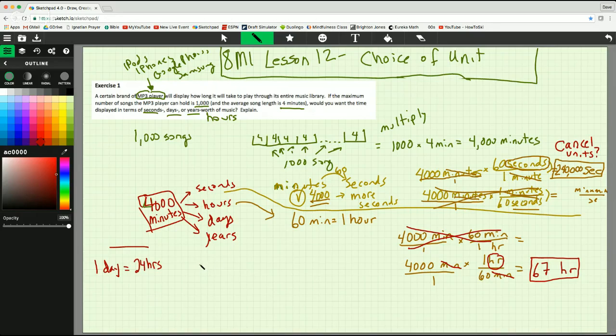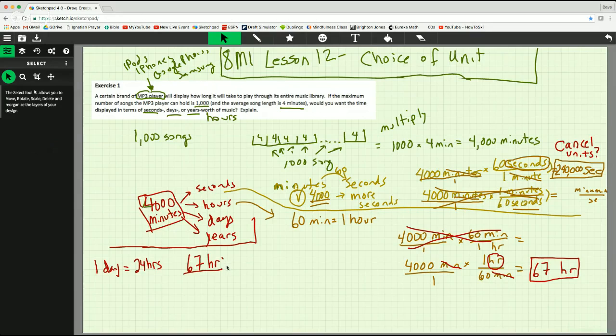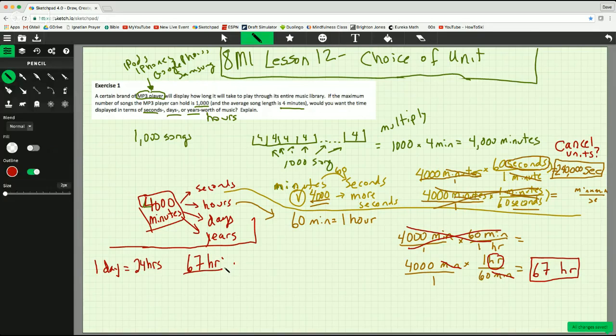So either we're going to take our 67 hours and multiply it by 1 day over 24 hours, or we're going to take our 67 hours and multiply it by 24 hours in 1 day.